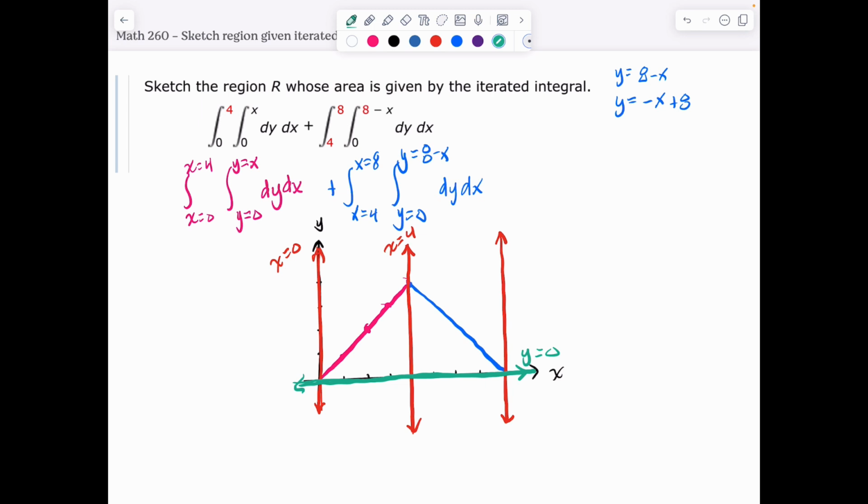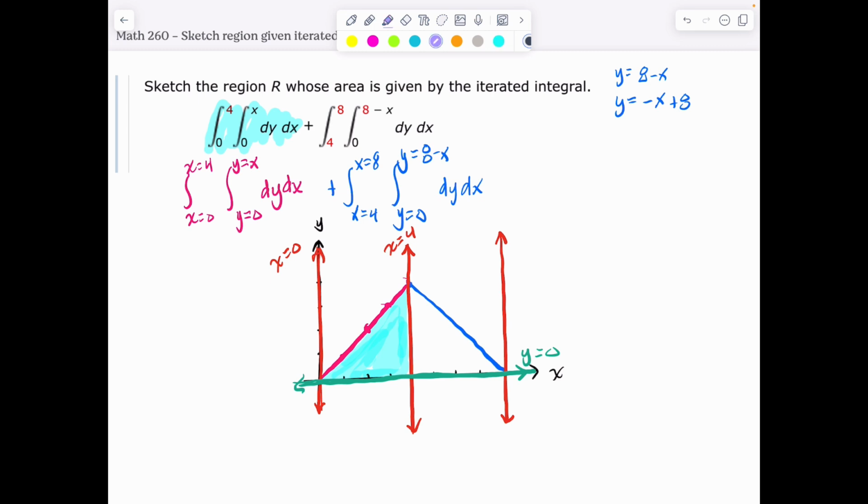So I know this is a little more in depth than asked for. The first iterated integral, the whole thing, right? Whole iterated integral is this region right here. So this is the region represented by the iterated integral.